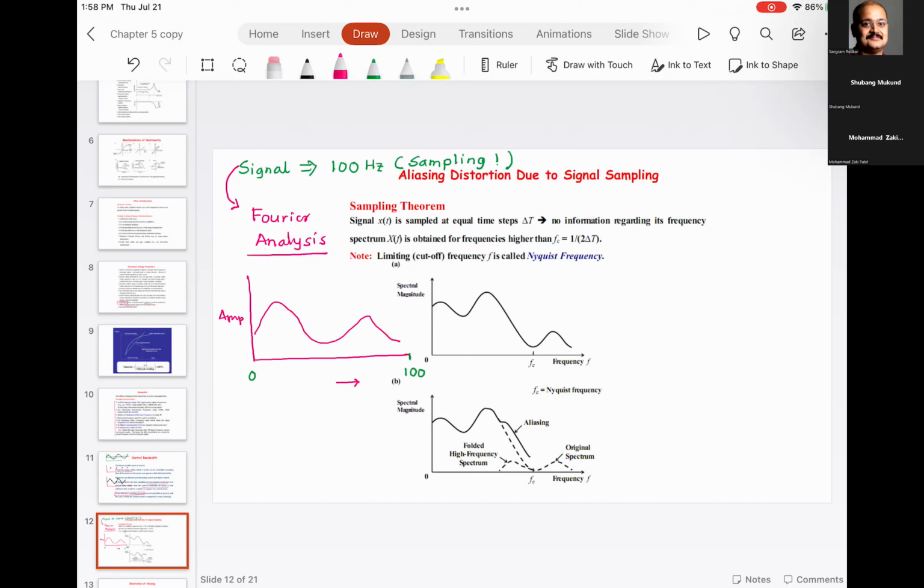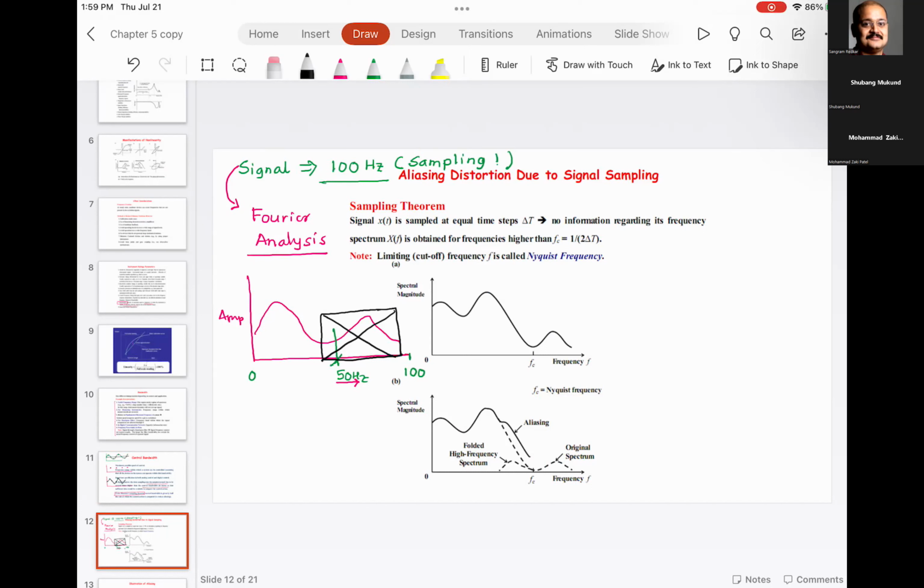What aliasing means is, if the signal is sampled at 100 hertz and you plot the Fourier transform, you cannot trust the output after 50 hertz. The output close to 50 hertz is not to be trusted.